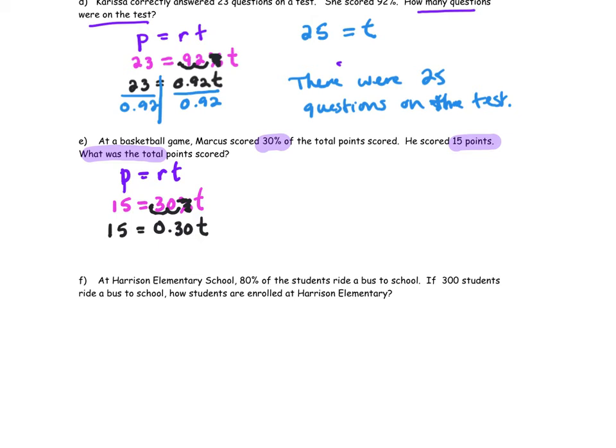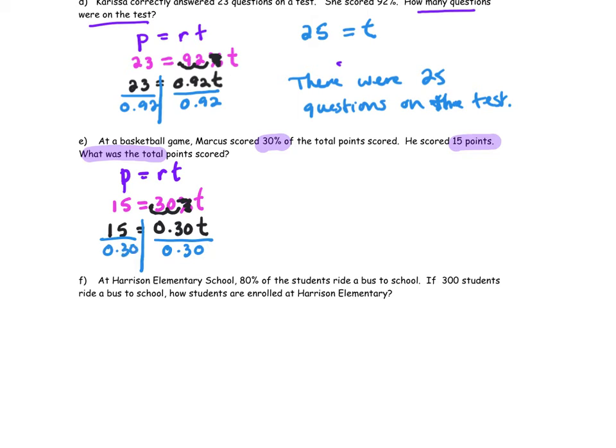So now, because there's not two numbers side by side, I have a number and a variable, it means I need to use my solving skills. So we're going to build a wall. We're going to divide both sides by 0.3 or 0.30 to find the answer.